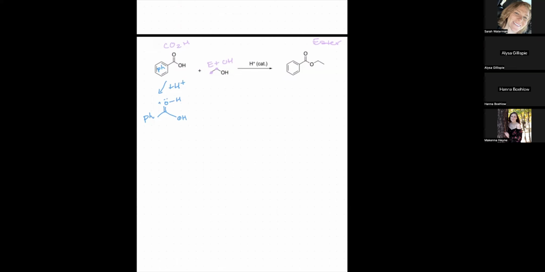Okay, and then again, for our resonance structures, you just see the same thing on the other side, right?